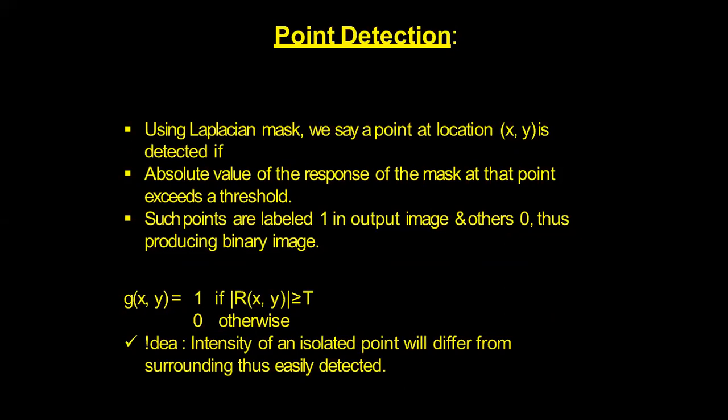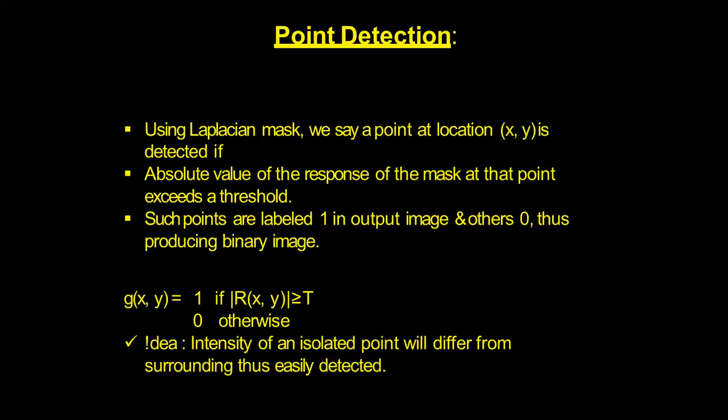Means a certain value has been fixed, and the point whose amplitude has been checked against it is detected according to the comparison. Such points are labeled 1 in the output image and the others 0, thus producing a binary image.